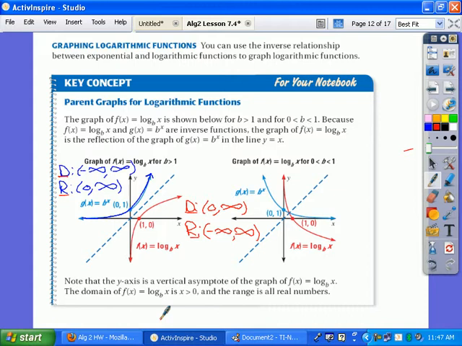By the way, this red graph, our logarithm graph, gets closer and closer to the y-axis, but it never touches the y-axis. What do we call that? That's right, an asymptote. The y-axis serves as the asymptote for our logarithm function.